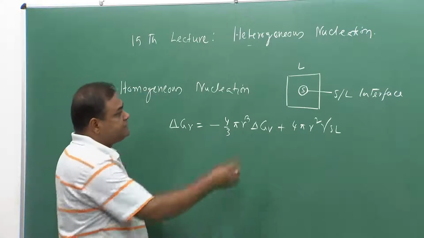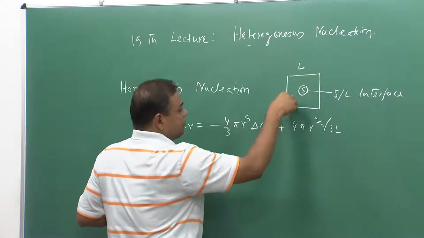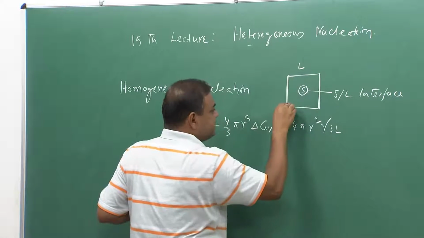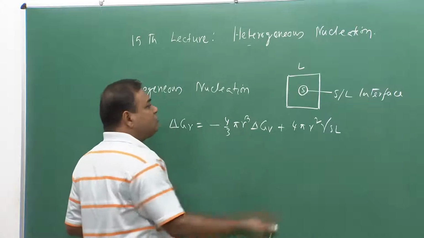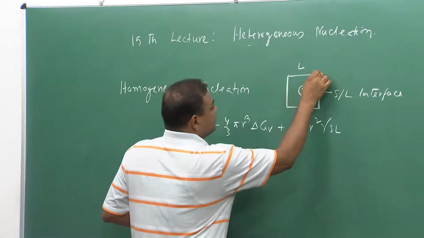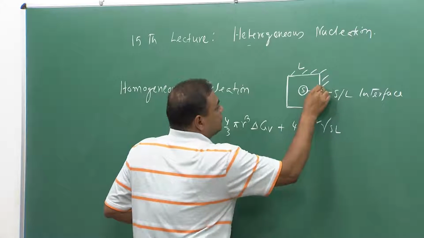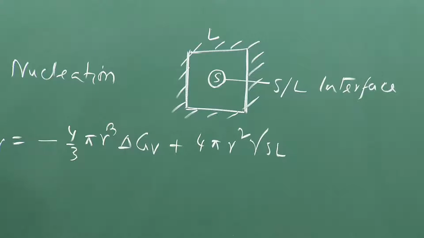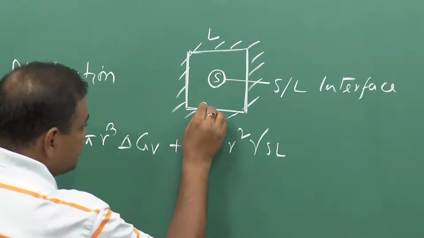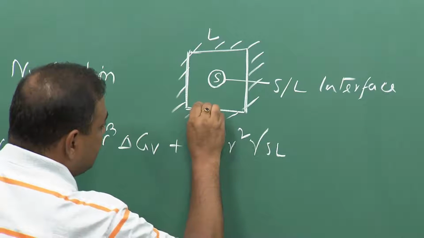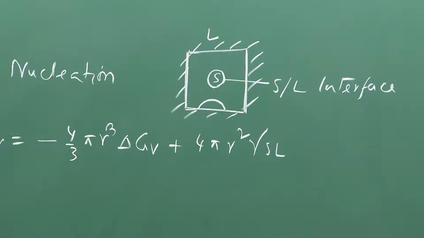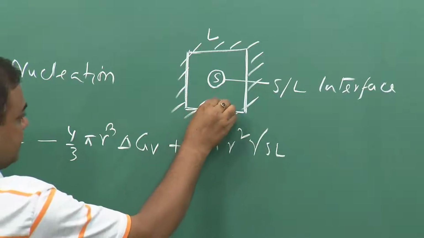Rather, if this is a controlled volume, a closed volume, let us say, I can also make it like these are all my mold, and there I can also have a situation where the solid is forming on top of this mold. So, this is my solid which is forming.